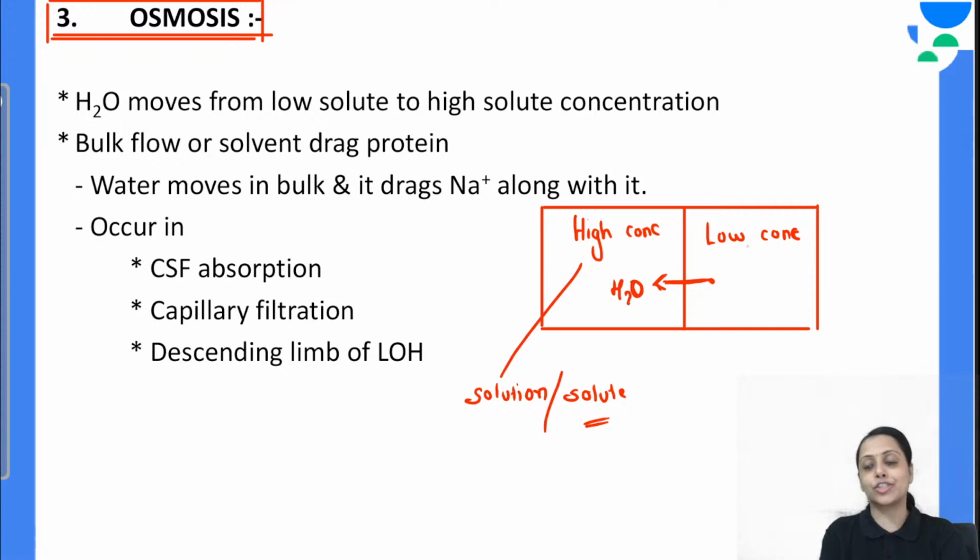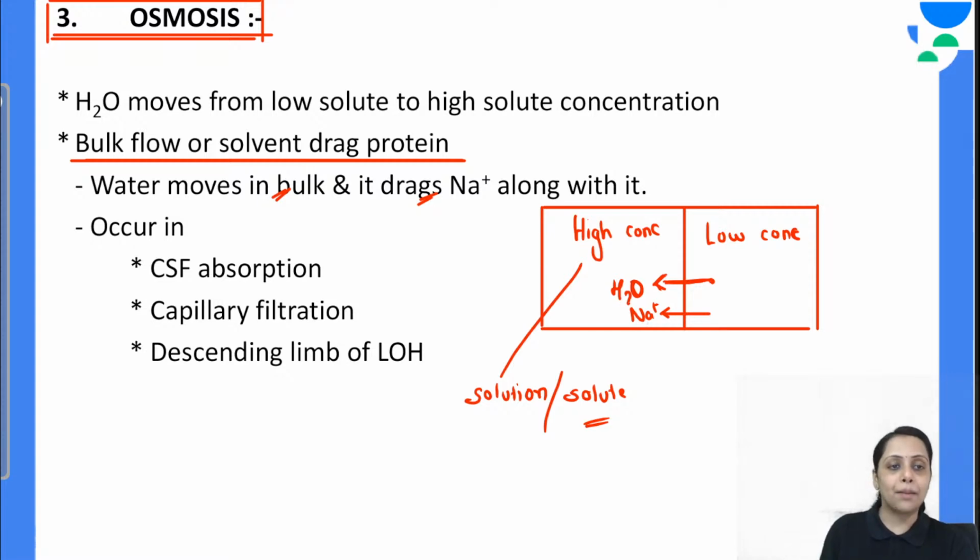This is the process known as osmosis. In osmosis, there is a concept of bulk flow or solvent drag. What happens when water moves in bulk, it drags sodium along with it. So do remember, whenever water moves in bulk, it drags sodium along with it, and this is known as bulk flow or solvent drag.